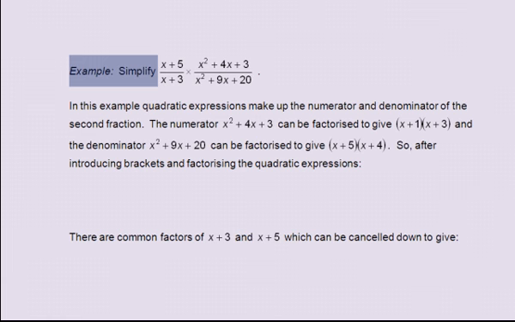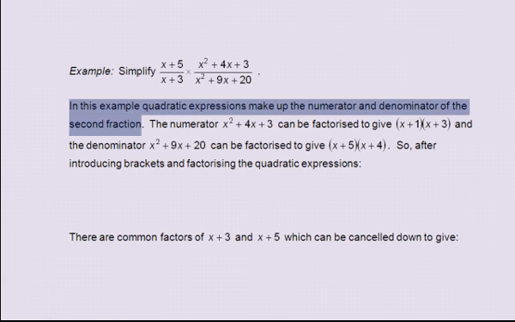Simplify (x plus 5) divided by (x plus 3) multiplied by (x squared plus 4x plus 3) divided by (x squared plus 9x plus 20). In this example, quadratic expressions make up the numerator and denominator of the second fraction.